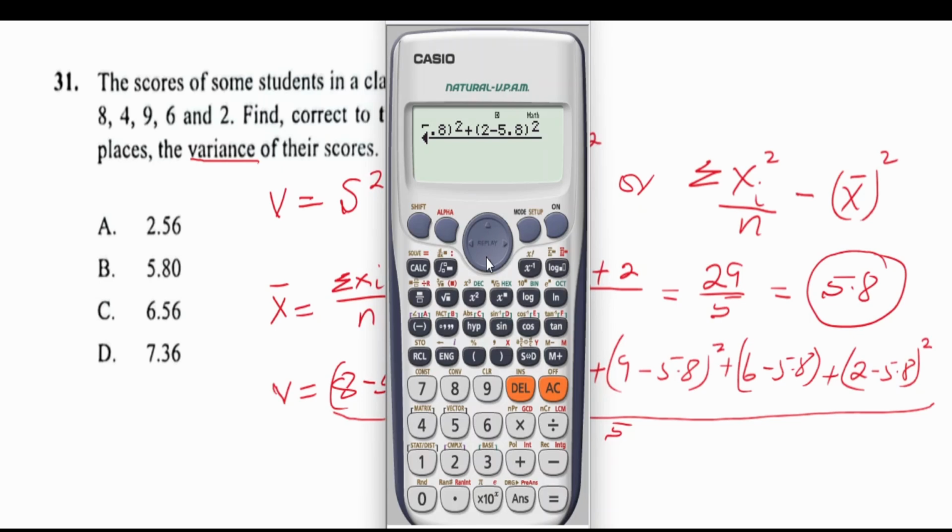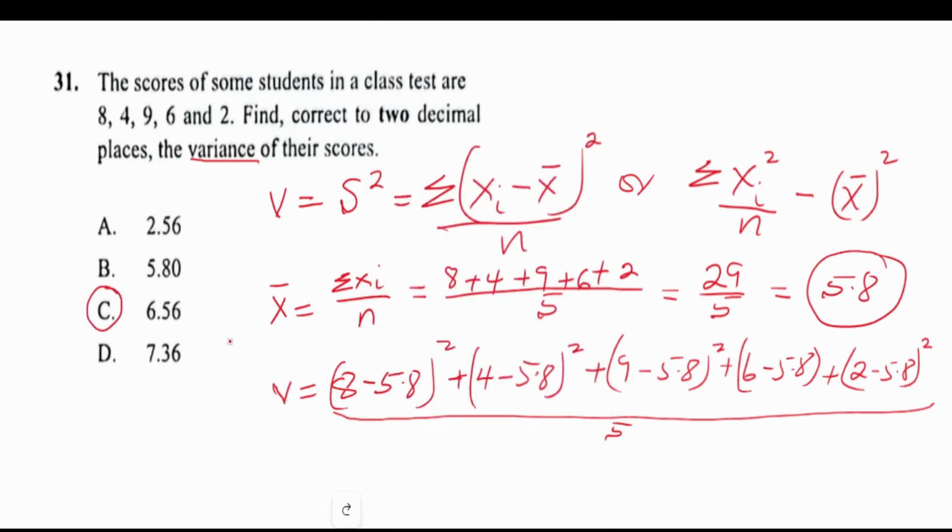Then we bring the cursor down, then divided by 5, then equal to. This is 164 over 25, and since the options there are in decimals, I just click on S-D, and that is 6.56, which is option C. So our variance is 6.56.